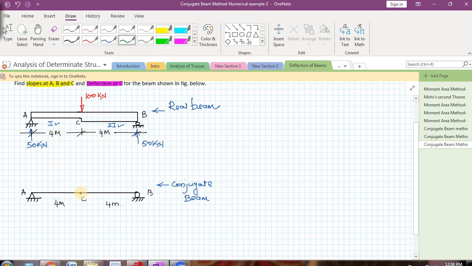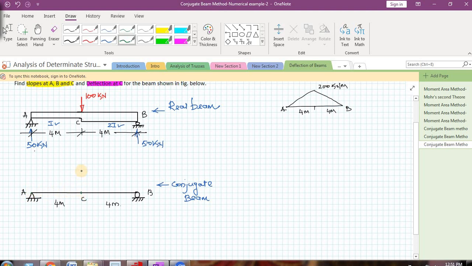Why I am telling repeatedly is, here there are I and 2I, so you have to divide it by the appropriate number. Now up to point C, let me just draw the bending moment diagram without the changed moment of inertia. Okay, now this is the bending moment diagram for this beam without considering the effect of the moment of inertia. So this is 200 kN meter, because it is 50 into 4, it will be 200 kN meter. Now when I start with joint A, the bending moment is 0.